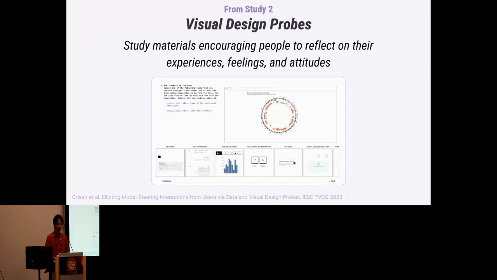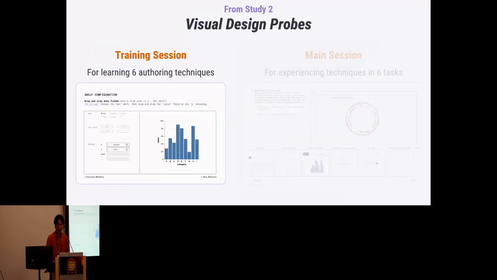Design prop is similar to low fidelity prototypes that contain visual elements and interactive features, which is helpful for making people reflect on and share their experiences, feelings, and attitudes. Using props in our study enabled users to better engage with 6 authoring techniques.